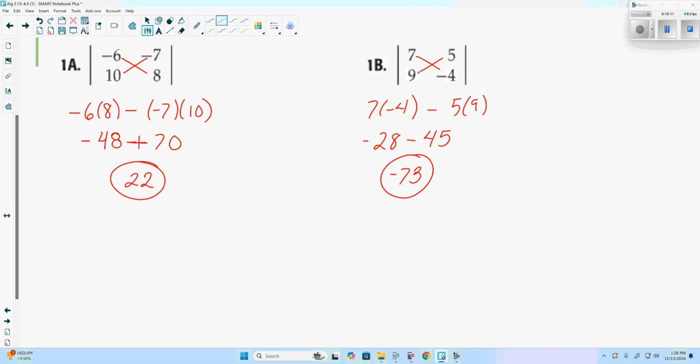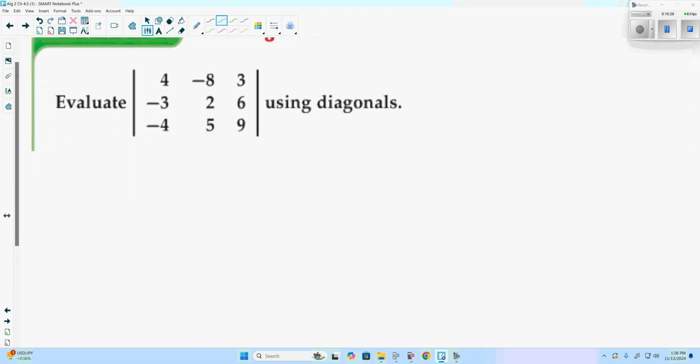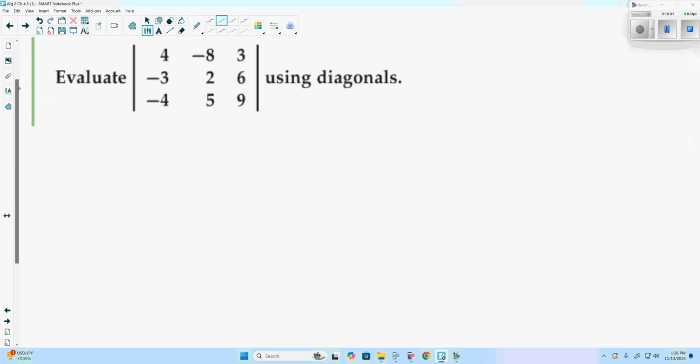Okay. Diagonal rule: rewrite the first two columns to the right of the determinant. Draw diagonals beginning with the upper half left hand element, multiply each element in the diagonal. Repeat this process then with the right. Find the sum and subtract the first sum from the second. So what we're going to need to do is first rewrite this.